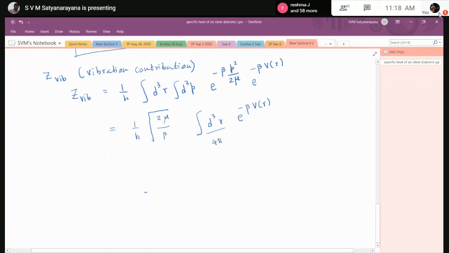So I can replace this, and here let me say that we are going to look at a situation of small oscillations from equilibrium.